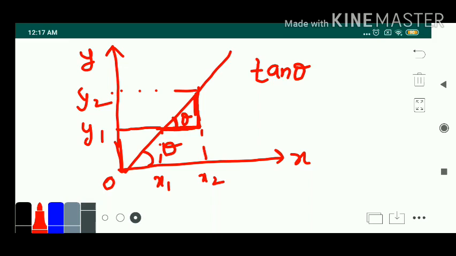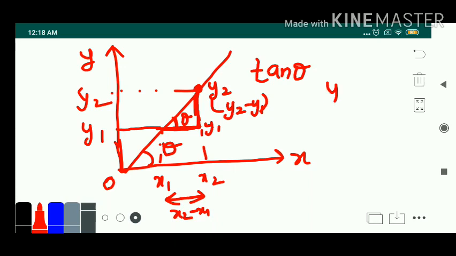So this point will be y2, and this is y1. So this much length is y2 minus y1. Similarly, this much, that is the base of this triangle, is x2 minus x1 from the figure itself. Very easy to understand, right? So tan theta is the opposite side by base.